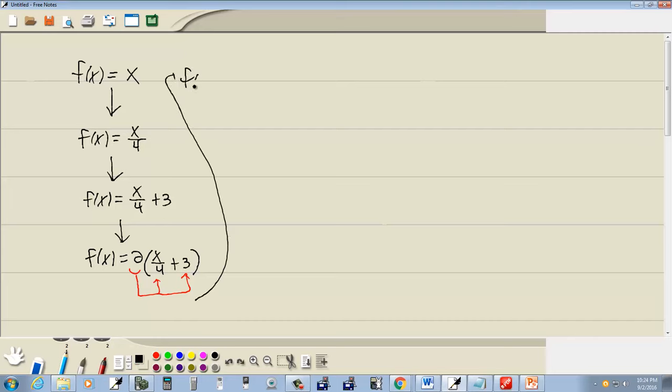So we're going to have f of x is equal to 2 times x over 4, and we'll have 2 times 3. Now 2 and 4 are both divisible by 2. 4 divided by 2 is 2, 2 divided by 2 is 1. So then we got f of x is equal to x over 2 plus 2 times 3 is 6.